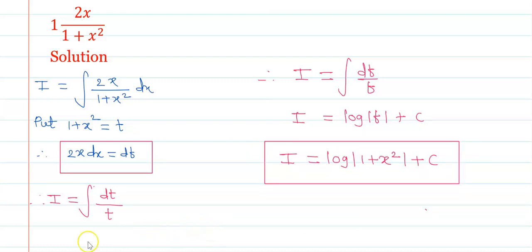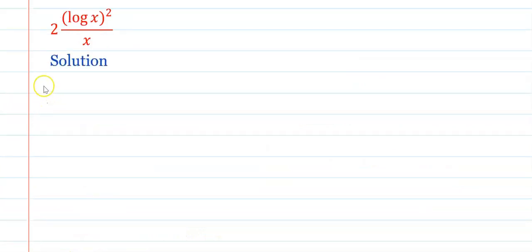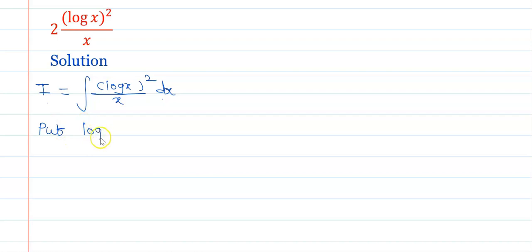Now the next example: I is equal to the integral of (log x) squared upon x dx. Here the function is present and its derivative is also there. Which is the function? Log x is t, and its derivative is 1 upon x. Therefore, we have the substitution: put log x equal to t.